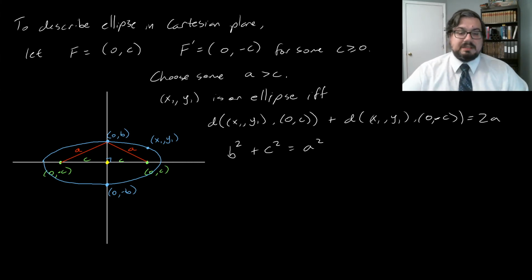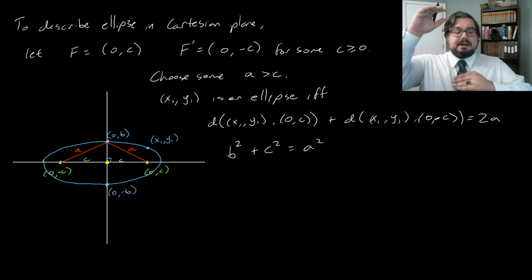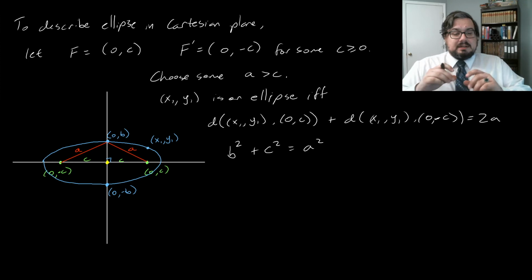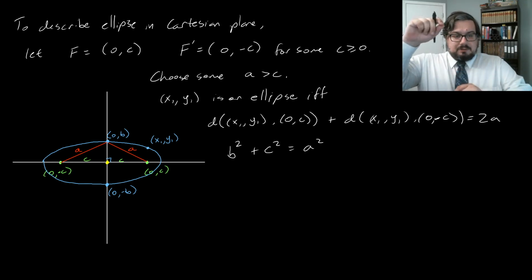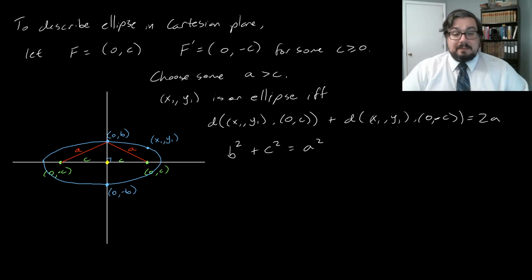We can solve for any one of these variables. So that's one thing I want to point out, is that the two extreme points on the ellipse going vertically can be determined by the numbers a and c once we pick those. We can also determine what these points over here on the x-axis are.